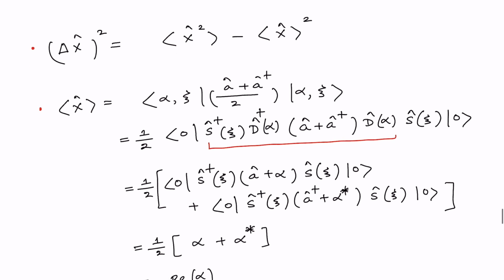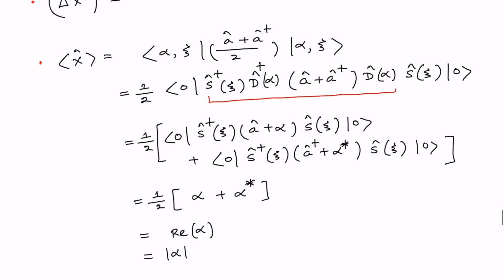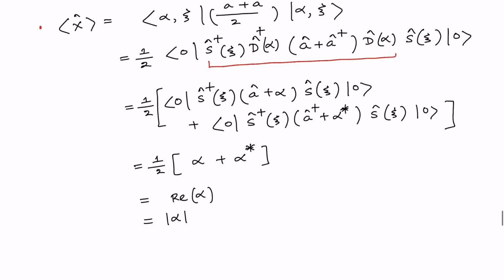And utilizing the properties of the displacement operator as well as the squeezing operator, you are going to get the expectation value of the quadrature operator to be mod alpha. You see, in the earlier case of the squeezed vacuum state, the expectation value of the quadrature operator x was 0, but here in the coherent squeezed vacuum state, you are getting a non-zero number, and that is equal to mod alpha.